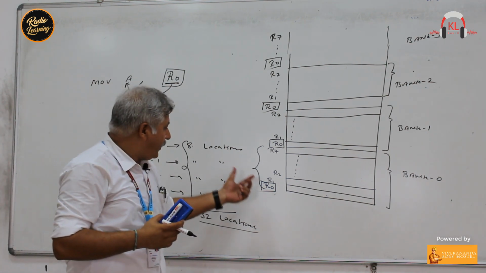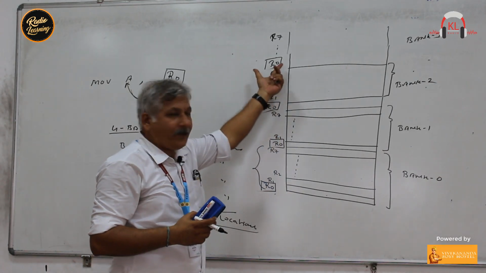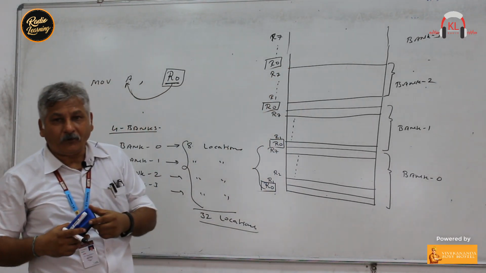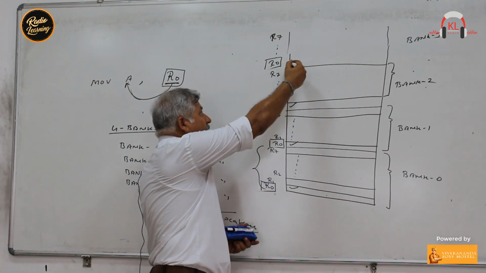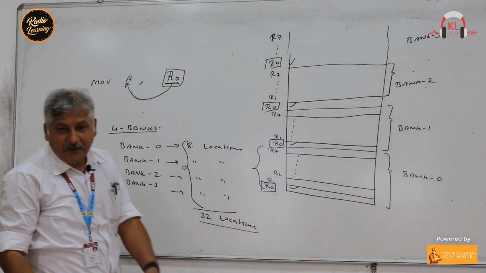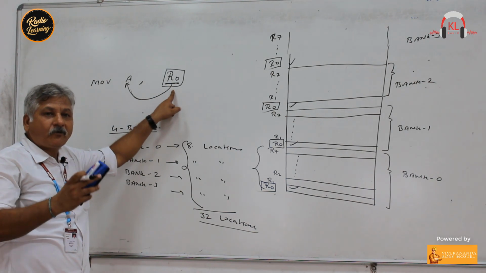But the problem is, R0 is part of bank 0, bank 1, bank 2, and bank 3. From where will the data be moved? Data will be moved from this register, this register, this register, or this register, right? So in that case, we must indicate which bank this R0 belongs to.